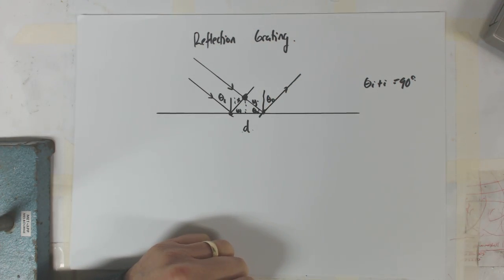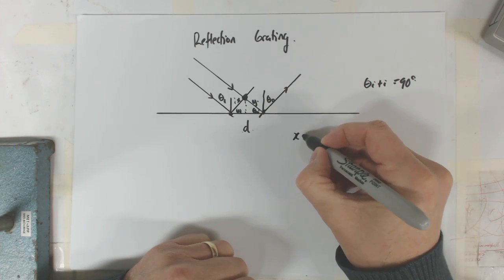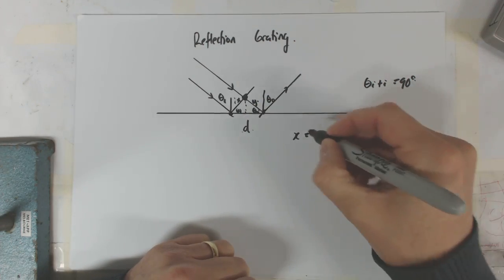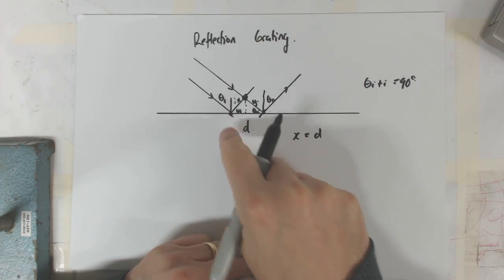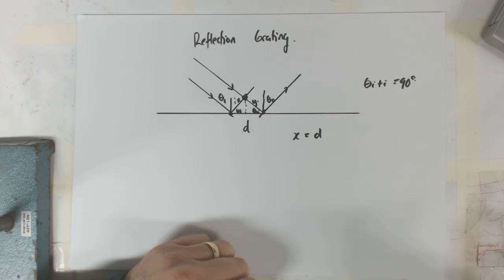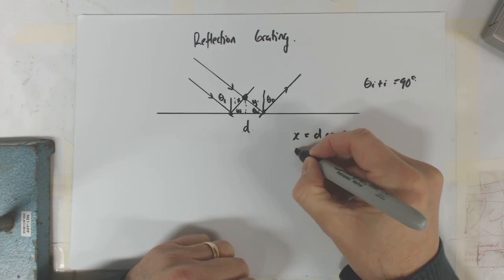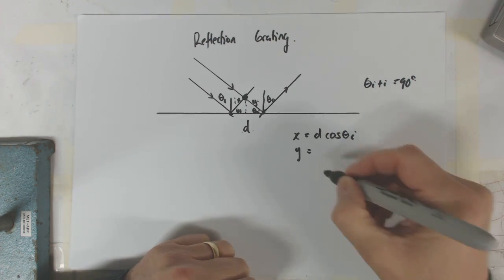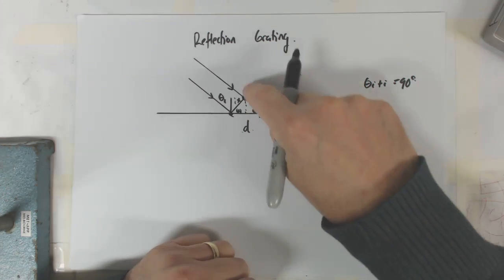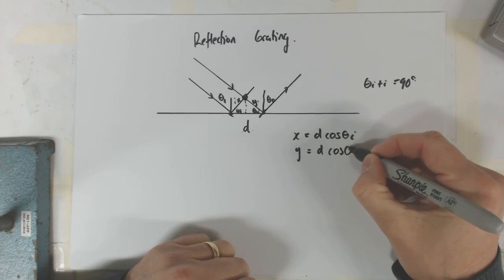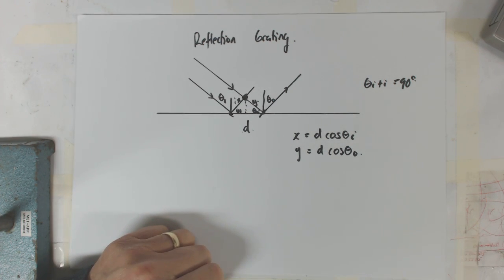So we can do basic trigonometry and say x, this side here, is going to be equal to d times the cos of theta I, because d is this whole length here. And we can say that y is going to be equal to d times the cos of theta out.